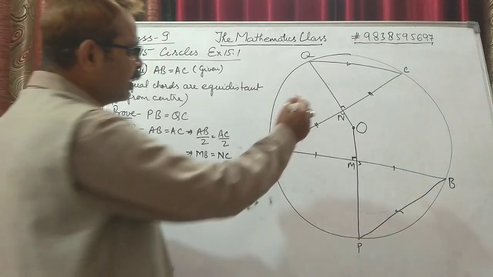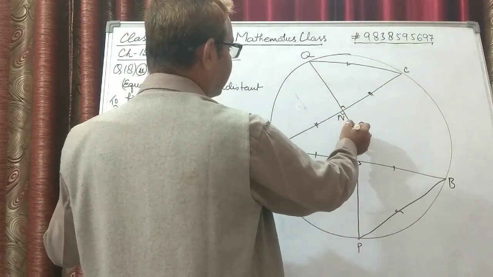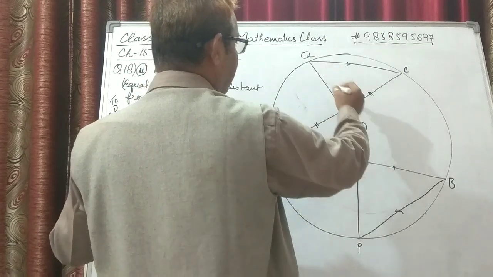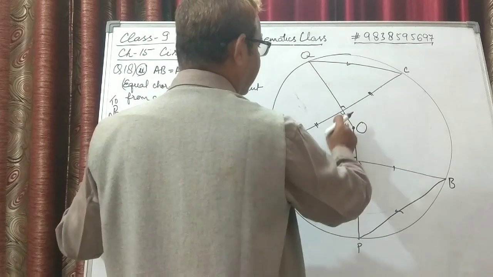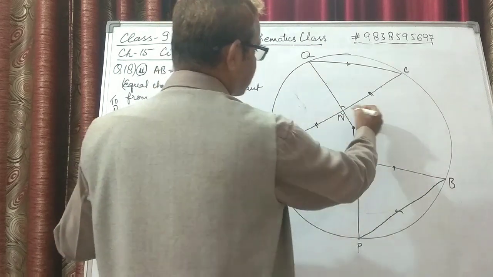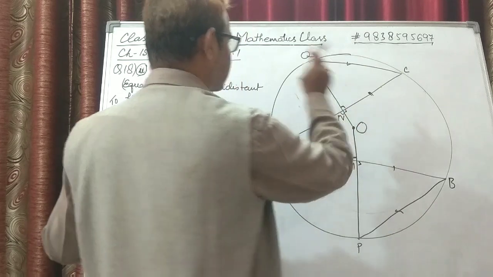Now, if angle ANO is 90, similarly angle QNC is also 90 because they are vertically opposite. Or you can say this is 90, then this is 90, this is again a straight line, this is 90, so this is 90.